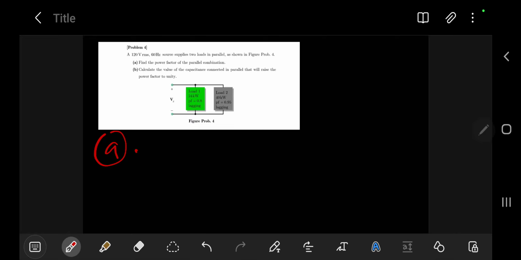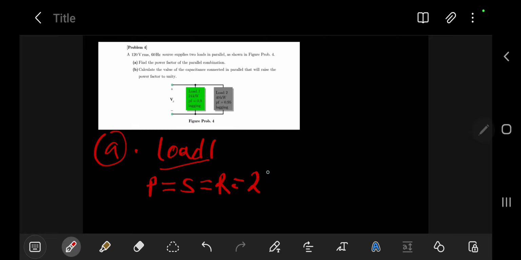But we don't really have complex power here. We have been given something else. For load 1, we have been given an average power P, or you can call it the real power.